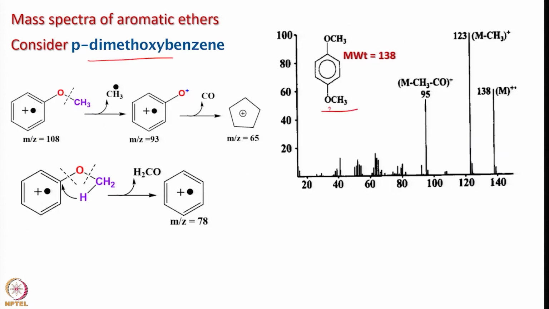Consider para-dimethoxybenzene. Here the possible cleavage is at OC. A methyl radical would come out and you get a cationic radical, and then this can give the cyclopentenium cation, which is 65. It can also cleave at both sides to release HCHO to give the phenyl cation, C6H6 plus radical.